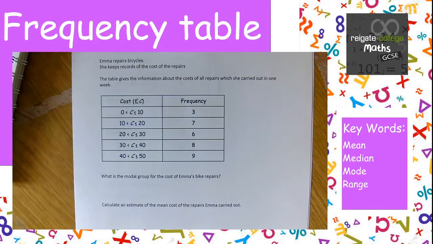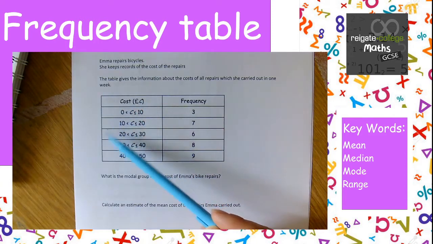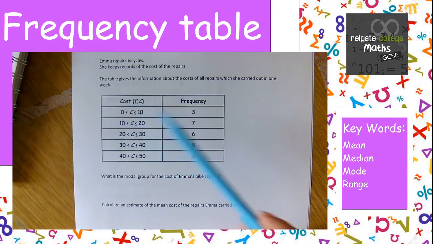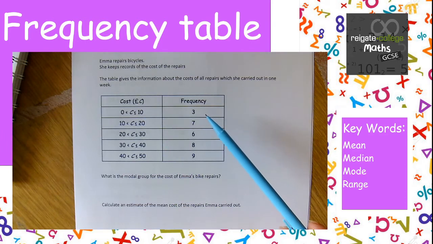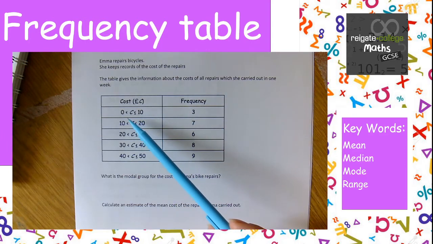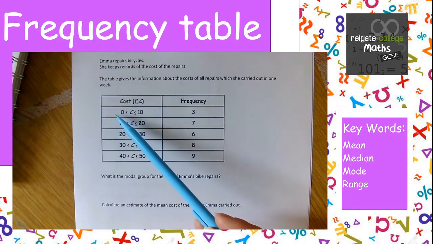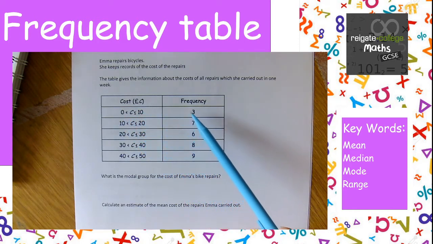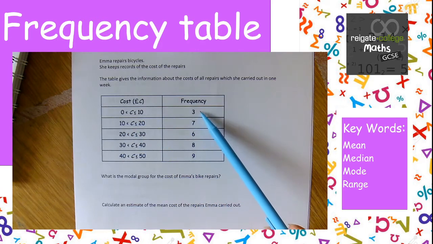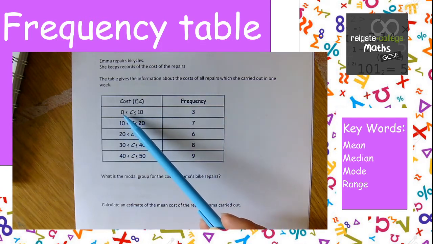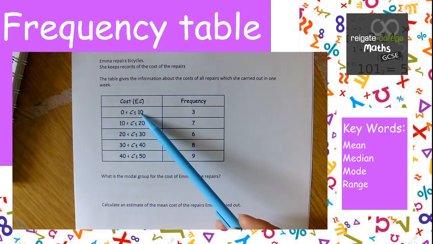This table looks slightly different from my last example because here the amounts of money that anyone spends in Emma's repair shop is estimated and put in a group. So in this particular table, I have 3 people who have spent somewhere between £0 and £10.